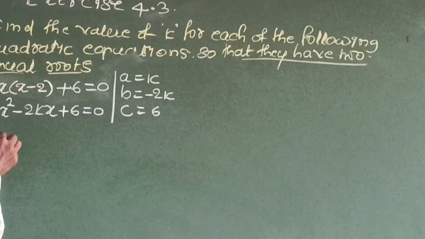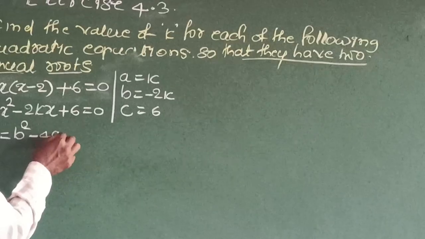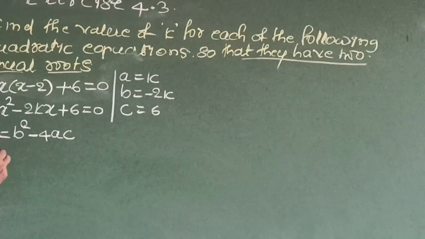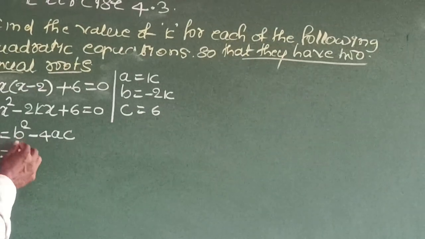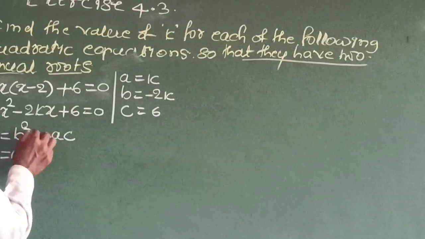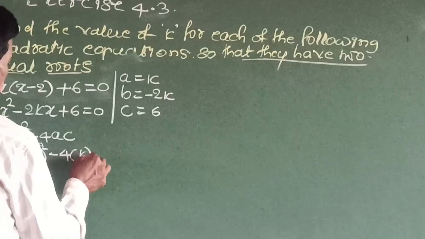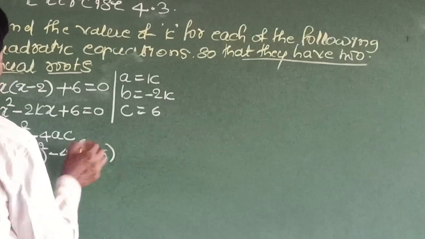Use the rule delta equal to b square minus 4ac. Delta equal to (minus 2k) square minus 4, a is k, c is 6.